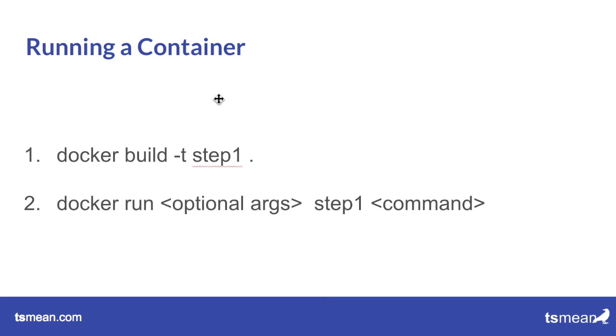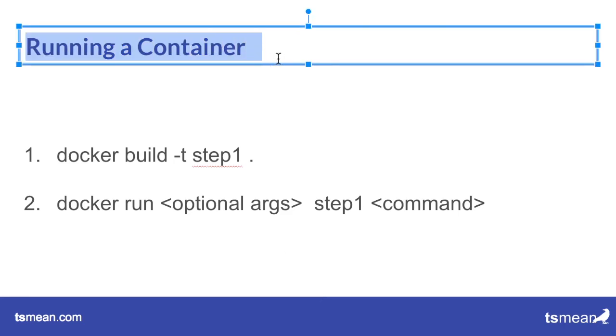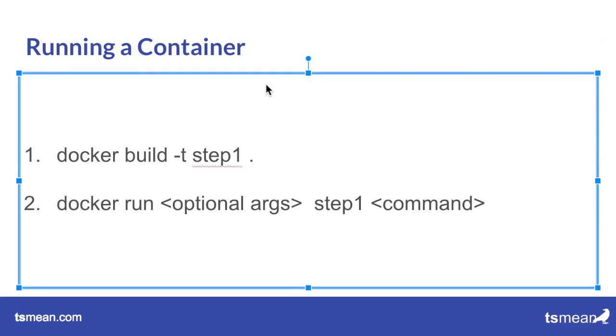So we have seen that getting a running container is a two-step process. First, we have to make a build, and we had a Dockerfile, and where our Dockerfile resided, so in the current directory, for example, we ran docker build, and we gave our build a name, and that's how we made a build.